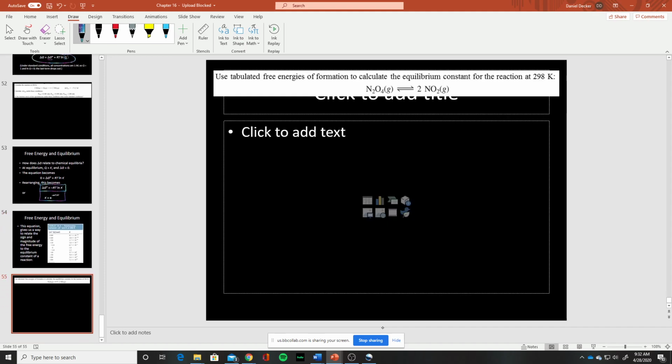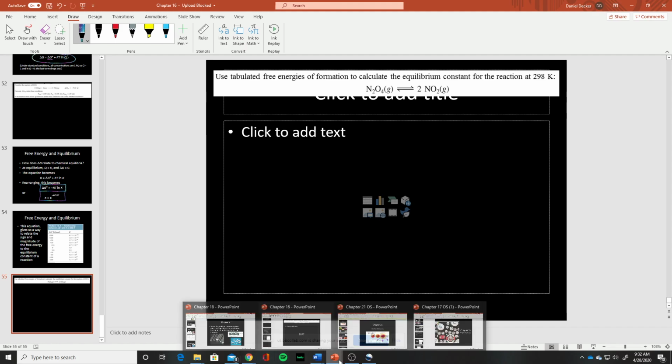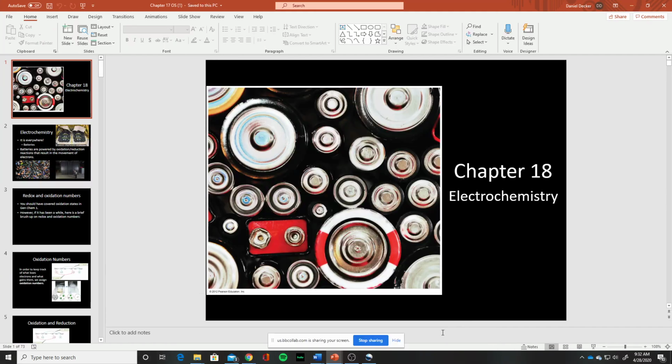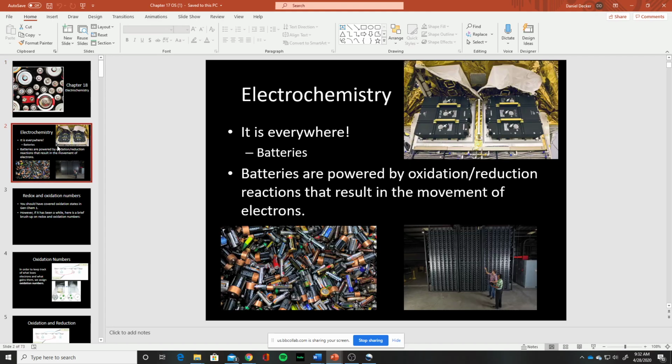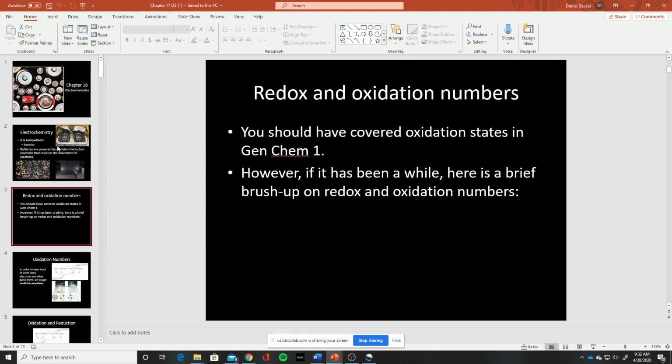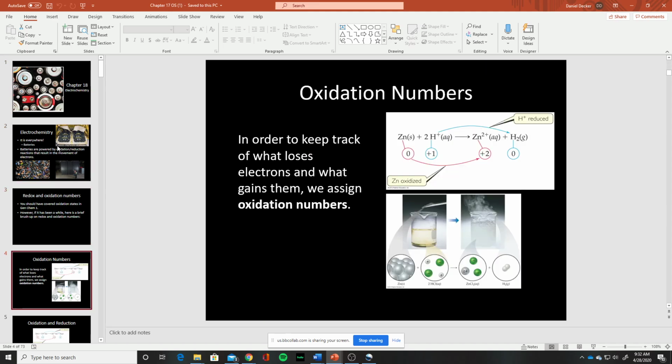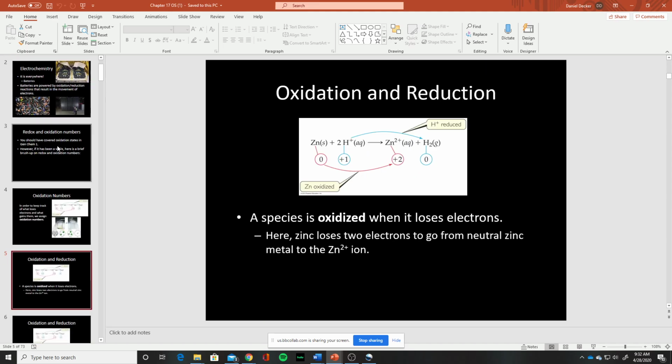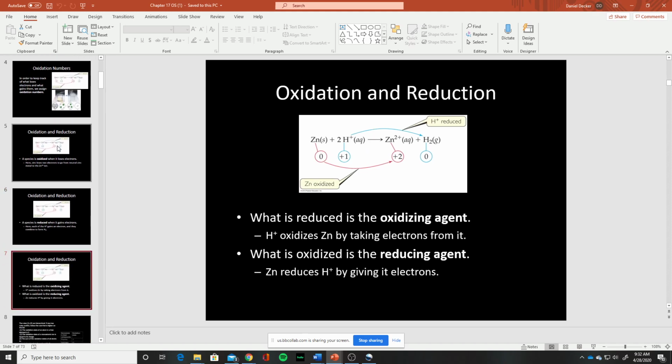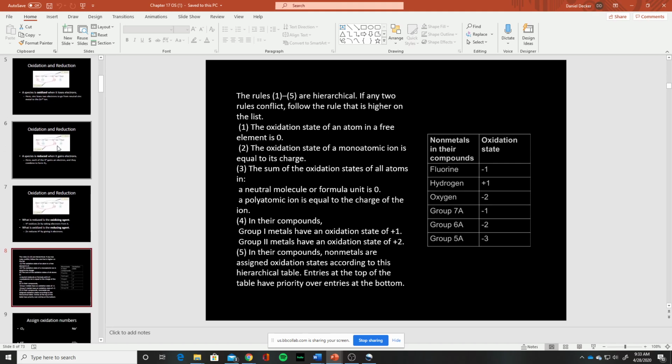Alright, I think that is it for this chapter. So in the electrochemistry, the beginning is mostly balancing, and there's a little bit here of just reminding you of how to calculate or determine redox numbers. I'm not going to have you calculating redox numbers.